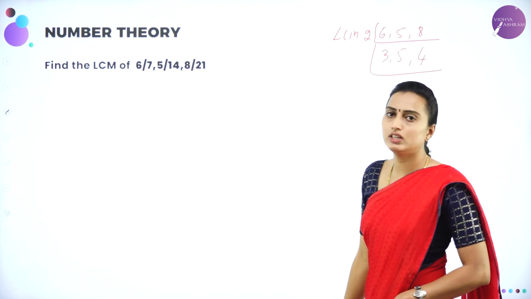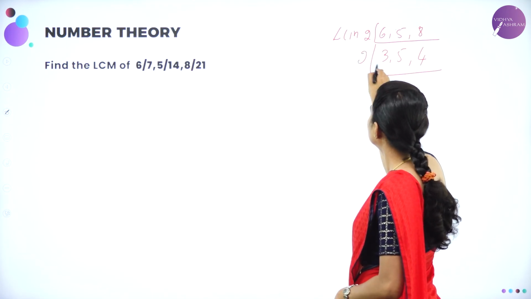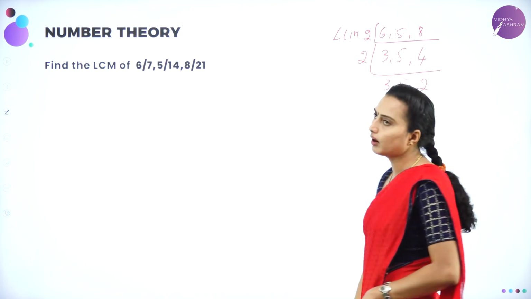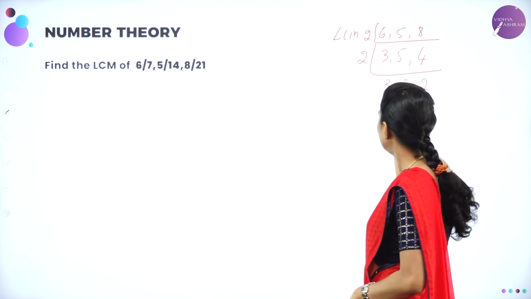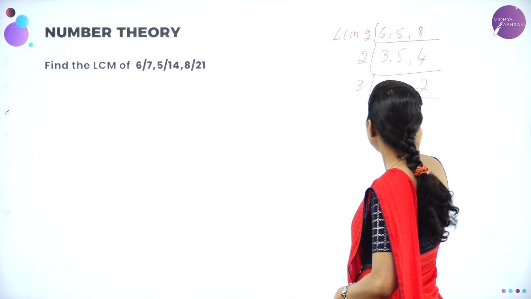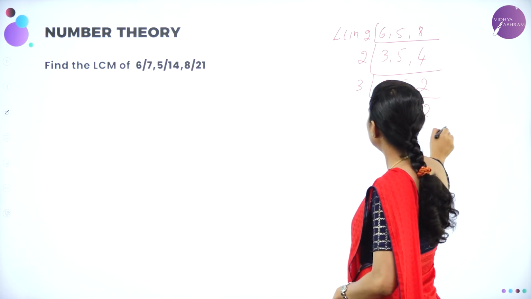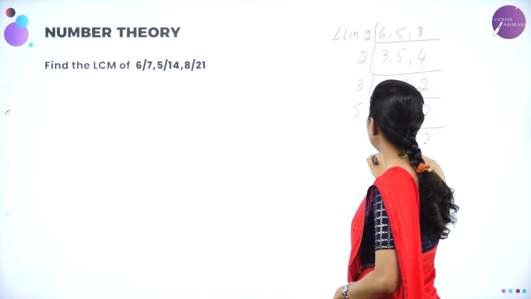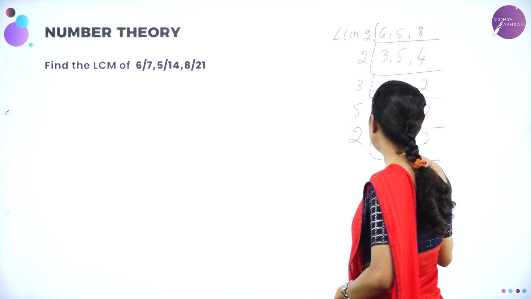Again you have 2. So 3 as it is, 5 as it is, 2. Now these three are prime numbers. So 3 ones are 3, 5, 2. Again 5, 1, 1, 2. Again 2, 1, 1, 1, 1.